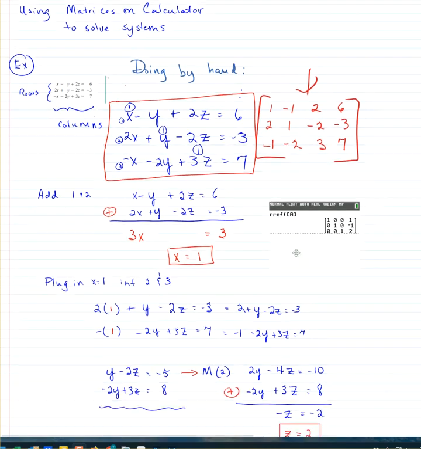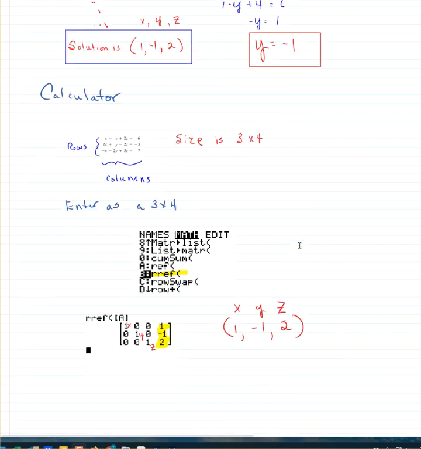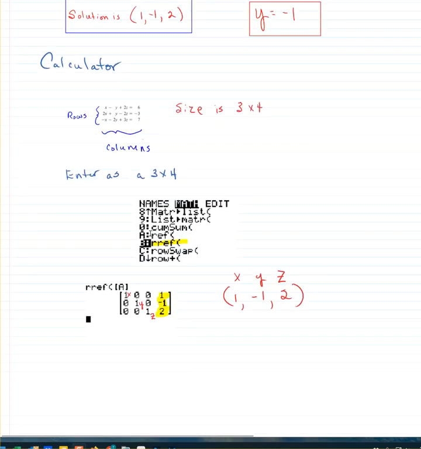All right? So once we get it in as a 3 by 4, you will go to second matrix and over to math, and one of the options further down is RREF. You'll choose that, then you'll go back and get the name of A, hit enter.